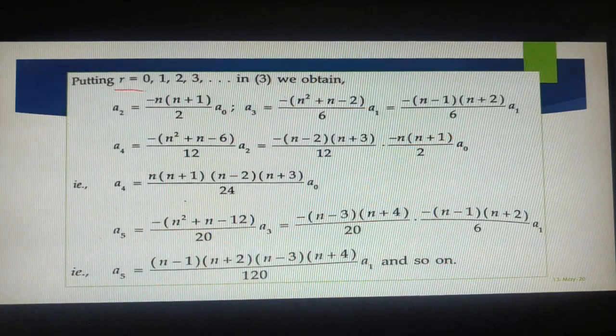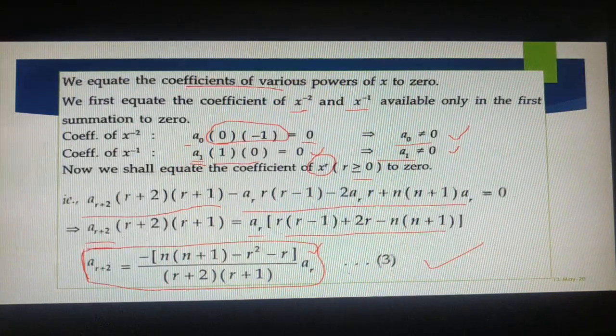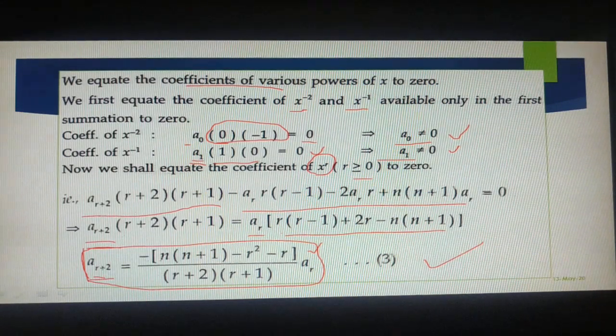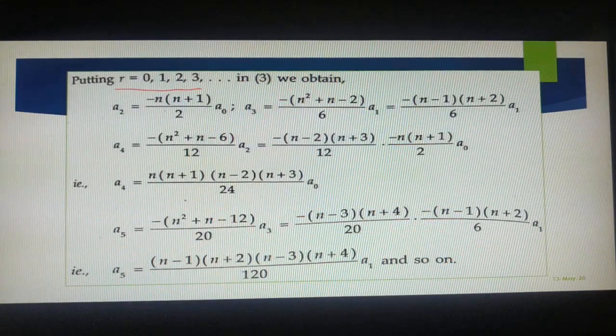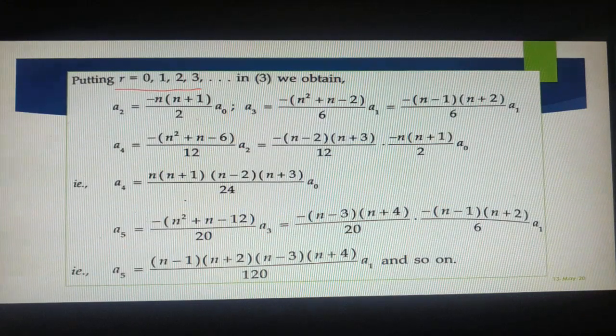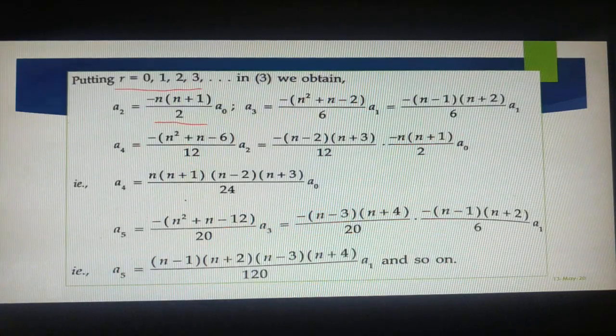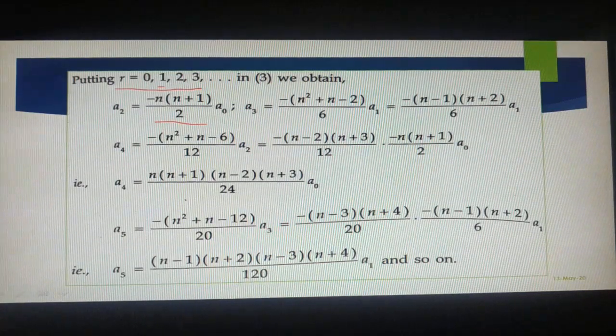So that's why I'm substituting r is equal to 0, 1, 2, 3, 4, 5 in this iterative formula. So let us see r is equal to 0. That means I'm going to evaluate a2. When r is 0, here this is 0. So minus of n into n plus 1 by 2 into 1, that will be, so minus n into n plus 1 by 2 into a0, since r is 0. Next, to get your a3, I have to substitute r is equal to 1.